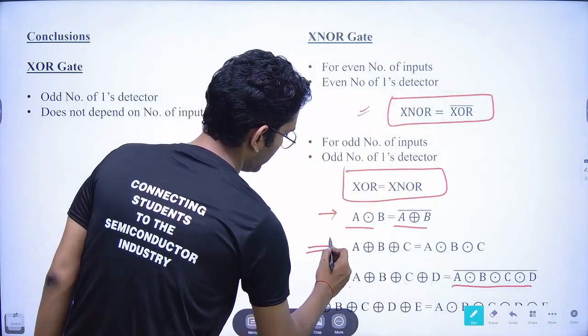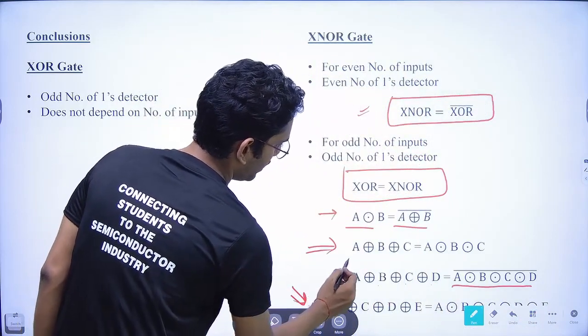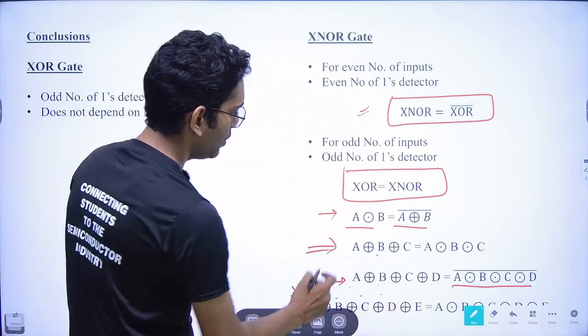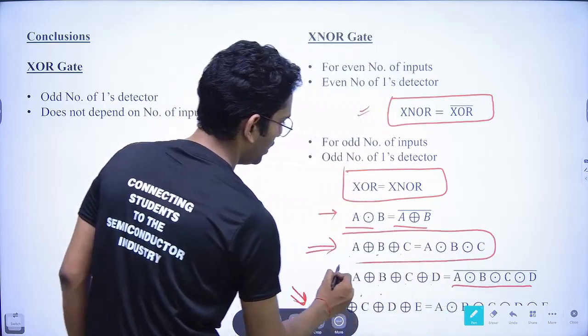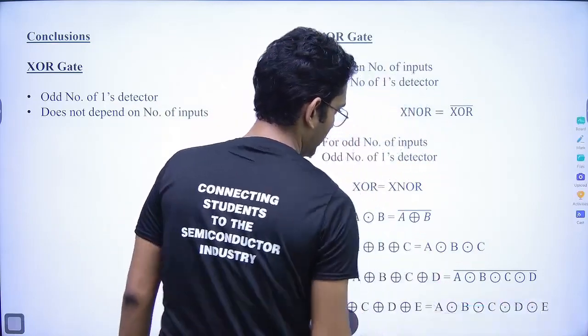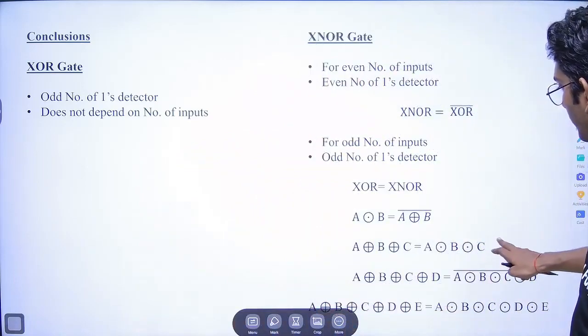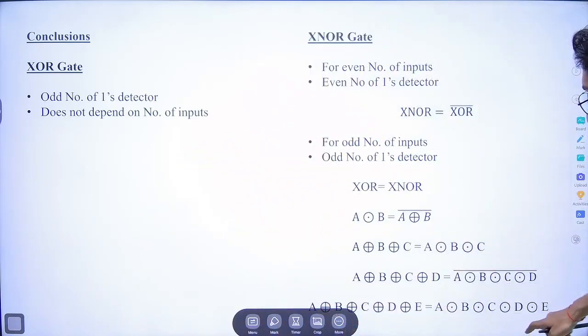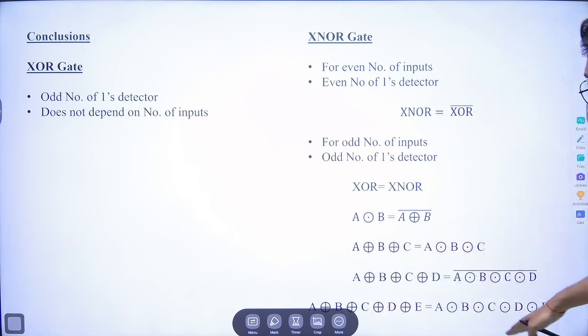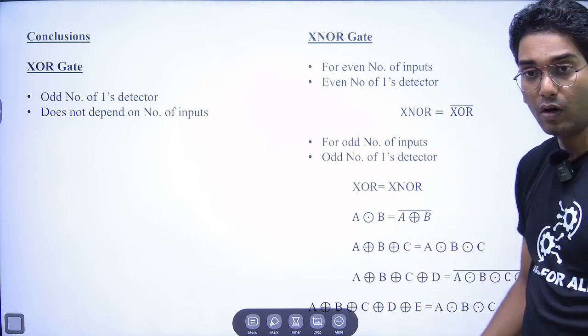And here 1 2 3 4 5 inputs are present, so XOR is equal to XNOR. For an odd number of inputs XOR is equal to XNOR. You can see this for the odd number of inputs, in this case and the last case.